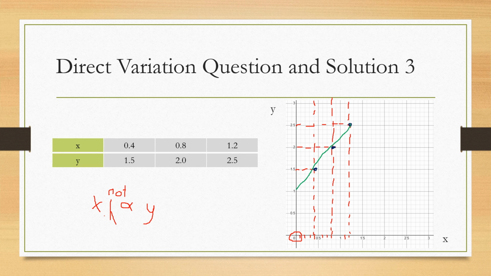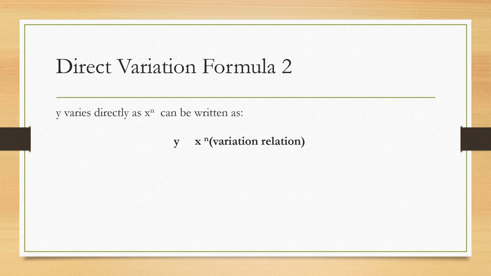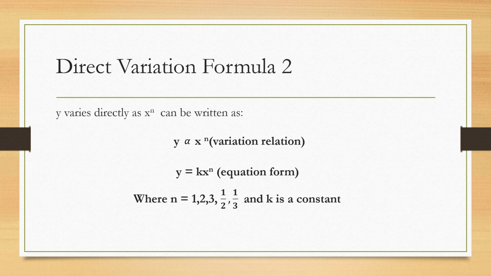Next, we will learn about formula 2 for direct variation. If y varies directly as x exponent n, it can be written as y varies with x exponent n for the variation relation, or in equation form, y equals k x exponent n, where n equals 1, 2, 3, or 1 over 2, or 1 over 3, and k must be constant.